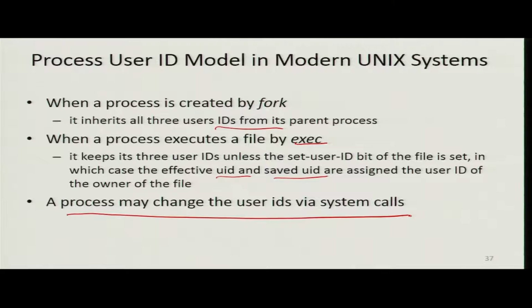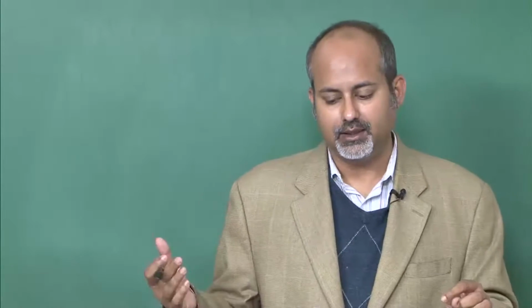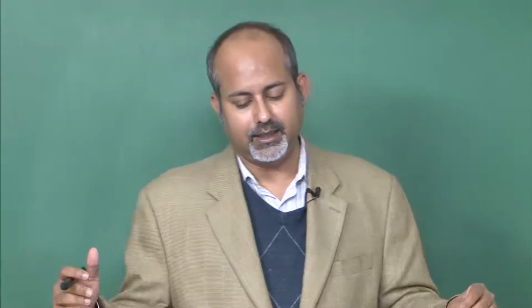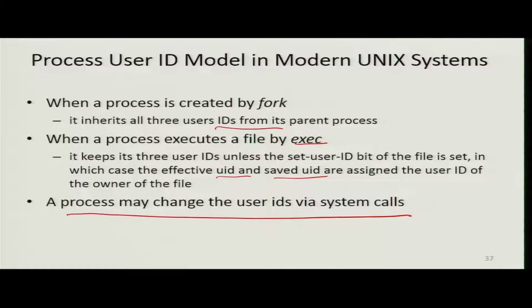So sometimes a program might need certain privilege during the execution of the program, but there is no point in escalating or heightening the privilege of the process and then keeping it that way even though you do not need it, because in that case, if there is a security bug in the program, then if somebody takes control by control hijacking, they are going to execute as a higher privilege user. So therefore, you want to sometimes de-escalate the privilege, but then you may need to re-escalate it again. So therefore, there are system calls which are used to do that.